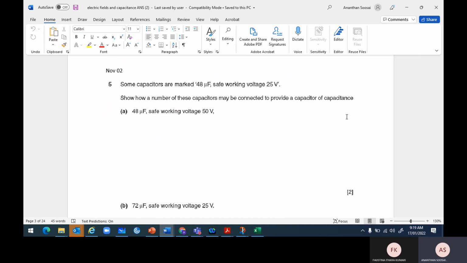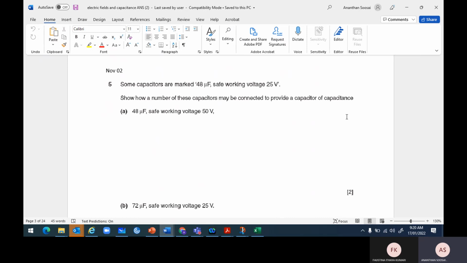Yes, some capacitors with capacitance 48 microfarad, 25 volt, the rating. They want you to draw a circuit whose effective capacitance is 48 microfarad, but the voltage supplied is 50 volt. How do you connect the capacitors?